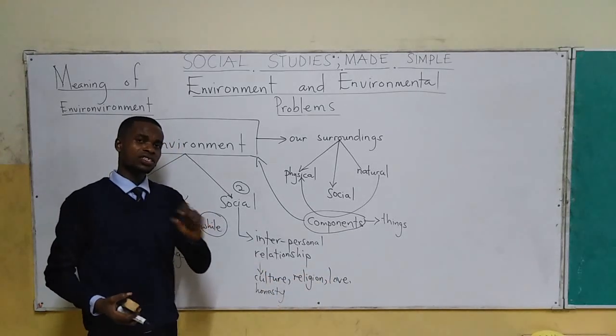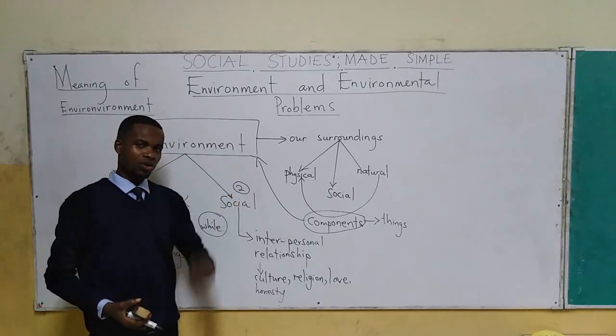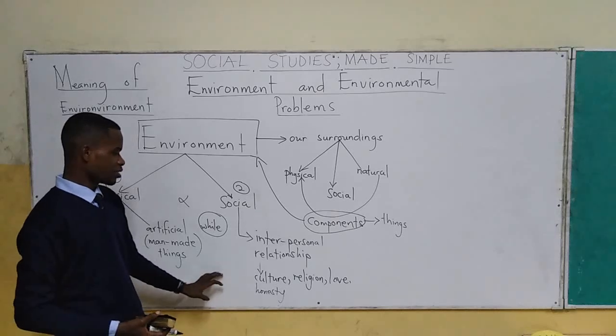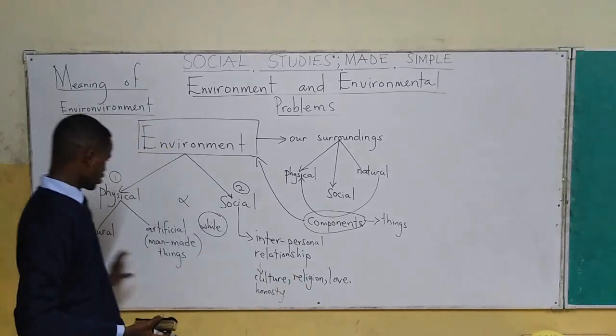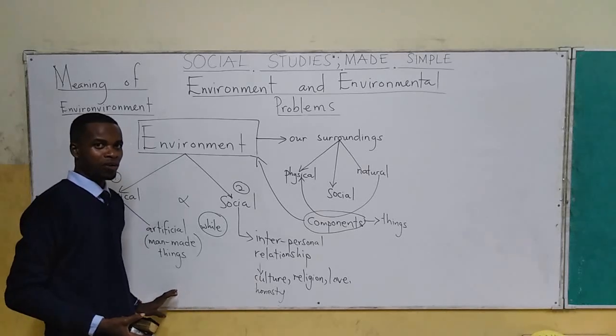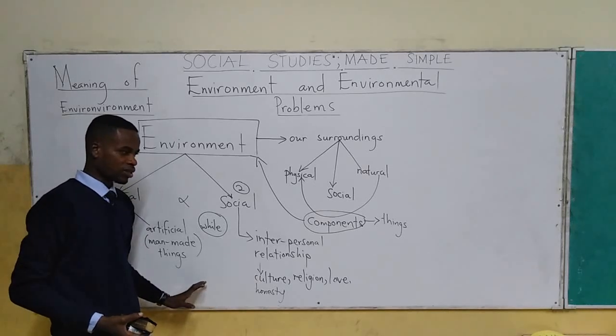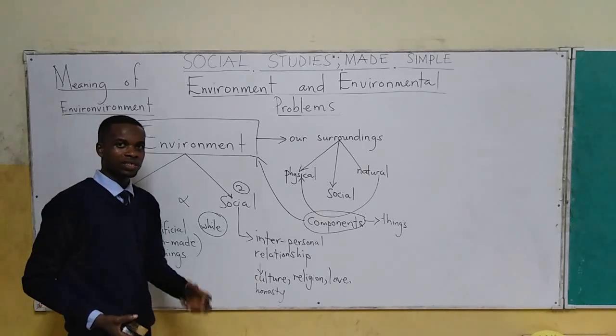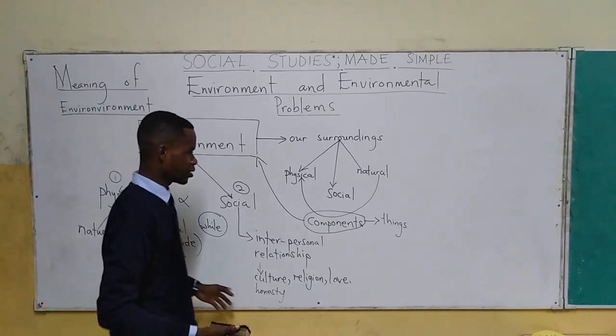If the instruction is explain, you can go further, or describe, you can go further, and add the examples. Here, the trees, the man-made things, the cars, the mobile phones, computers, and other things that you think were created or invented by man.